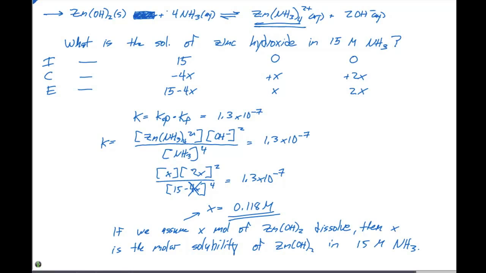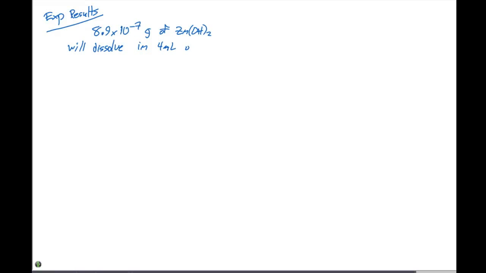So if we come back and compare, if we look at our experimental results, if we went into the lab and performed an experiment, we would show that 8.9 times 10 to the minus 7 grams of ZnOH2 will dissolve in 4 milliliters of water.